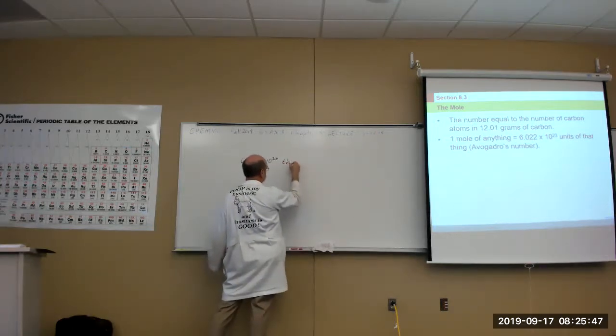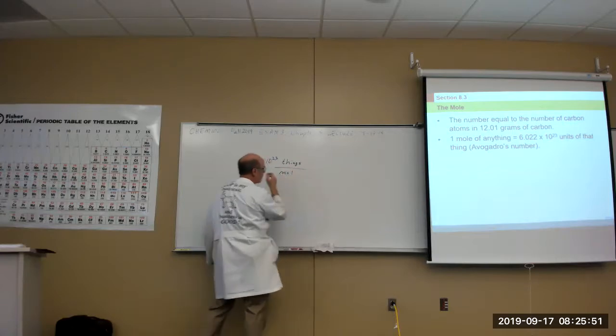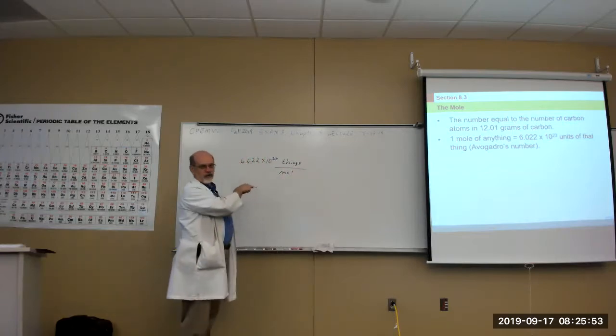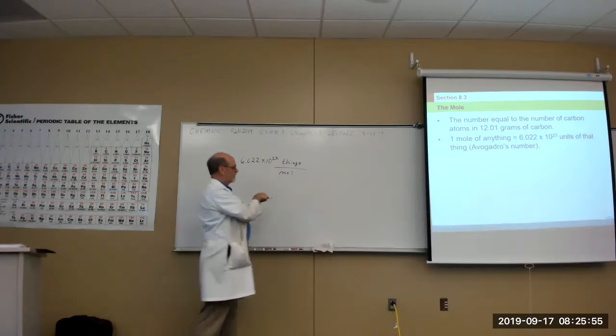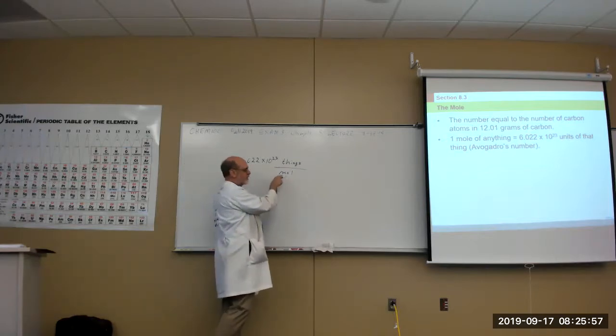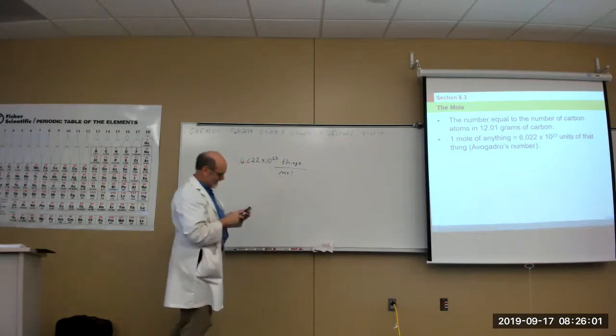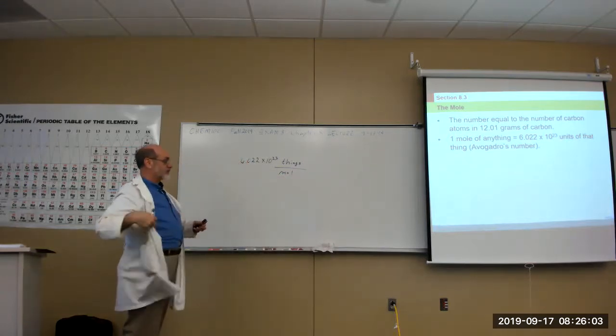Things per mole. And that's the abbreviation for mole. Don't ask me why. If you write out the whole name, it's M-O-L-E. Abbreviated, it's just M-O-L. I thought that was strange.